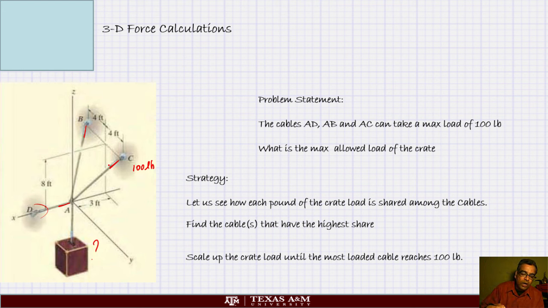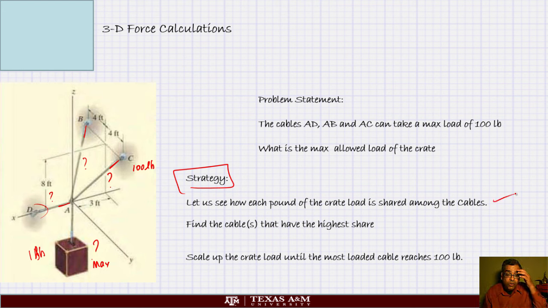Okay, so our high level strategy is the following. What we want to do is find out what's the max allowable load. So we will see per unit pound here, how is the load shared by these 3 things? That's the question.